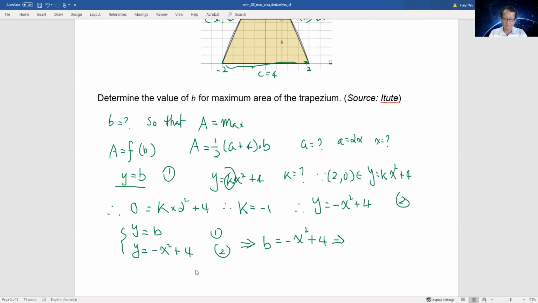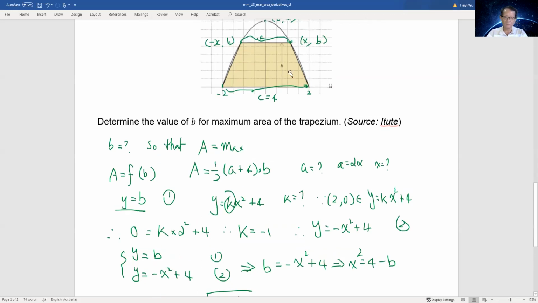Moving x squared to the other side, x squared equals 4 minus b. Therefore x is positive or negative the square root of 4 minus b. Why positive and negative? Because we have two x values, one on the right-hand side and the other on the left-hand side.